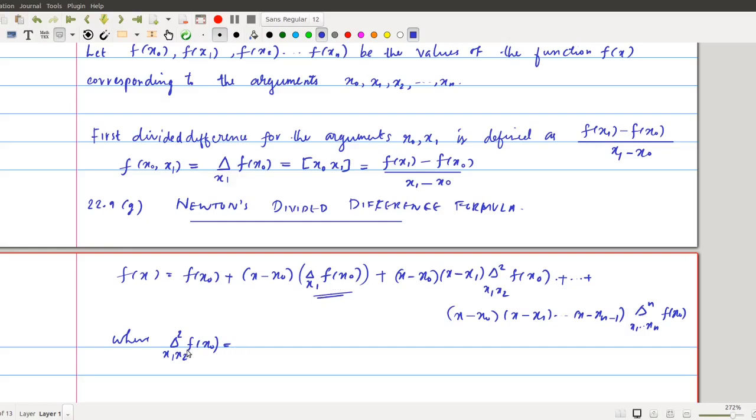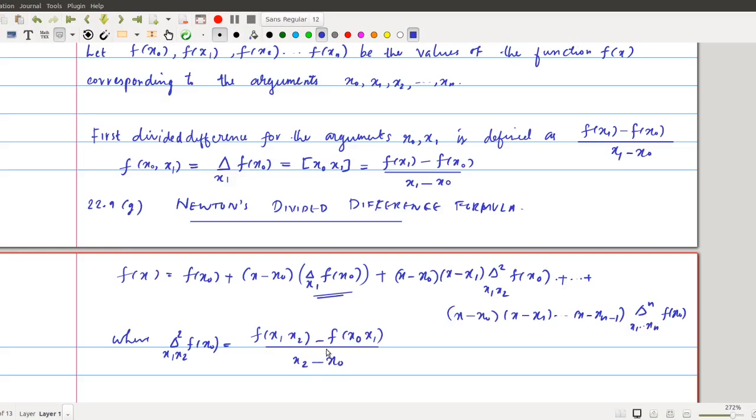So what is the second order divided difference? That is defined as f of x1 x2 minus f of x naught x1 divided by x2 minus x naught.